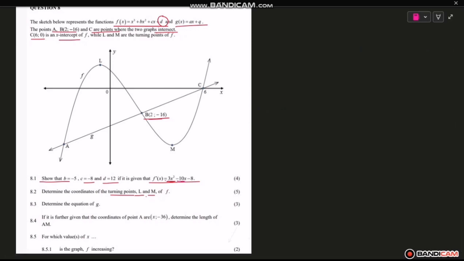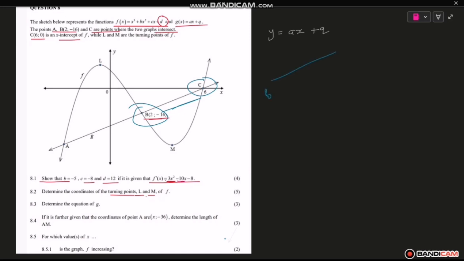Alright, now you can see that we have the points. Let's just write our equation. Now we cannot find the equation of G if we do not have the gradient. Therefore we can use point C and point B to calculate the gradient of the straight line.